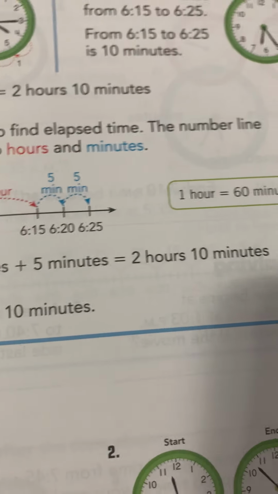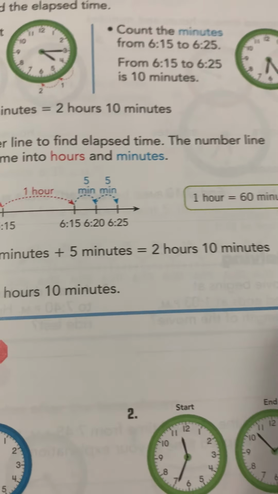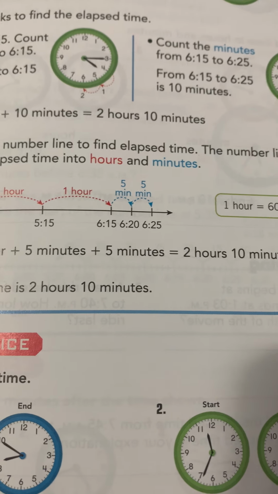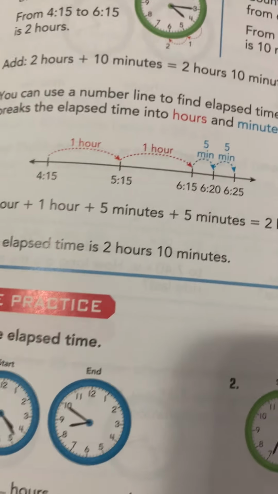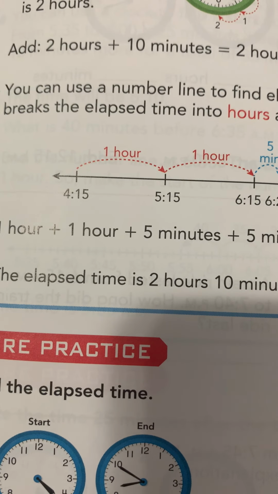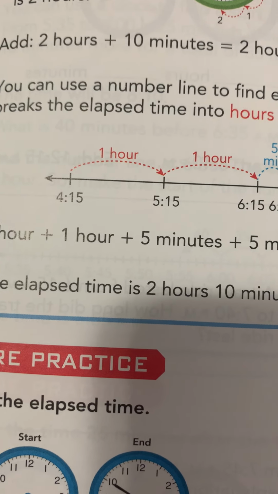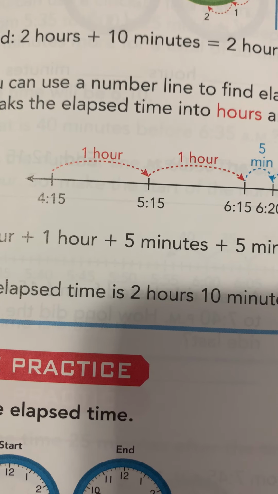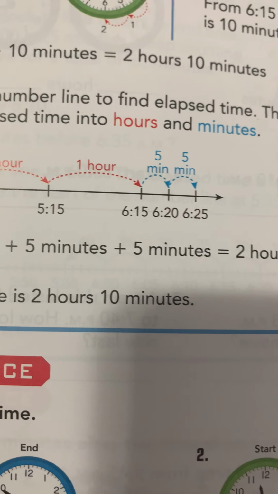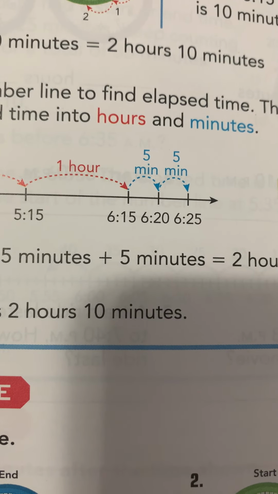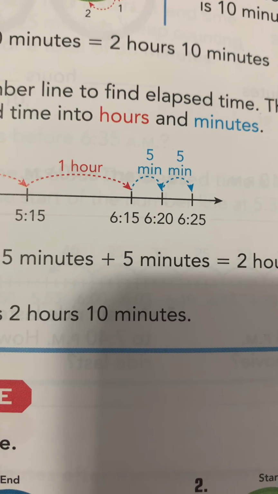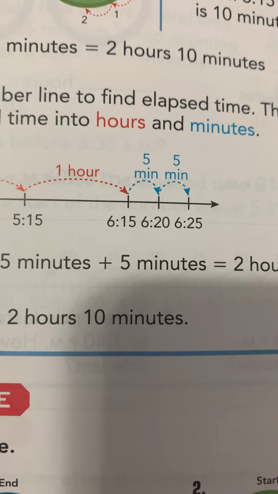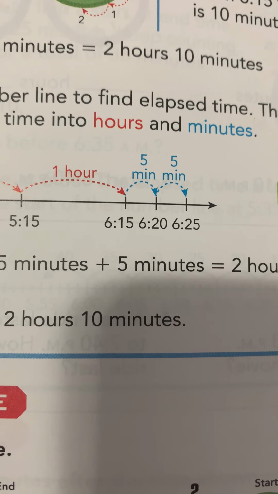You can use a number line also to find elapsed time. The number line breaks the elapsed time into hours and minutes. So if you see this number line here, 4:15 to 5:15 is 1 hour. 5:15 to 6:15 is another hour. Then you break it up into minutes by fives, because we can all count by fives. 6:15 to 6:20, 6:20 to 6:25.